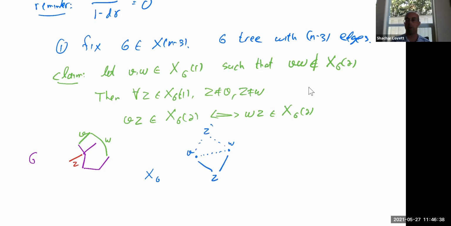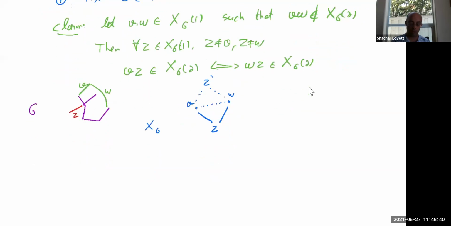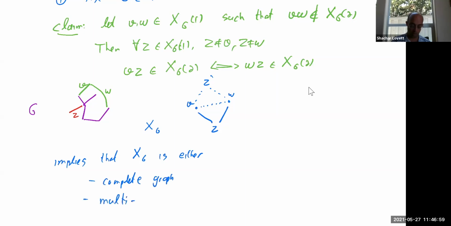And I claim that this property implies that X sigma is either the complete graph, so it has all the edges, or a complete multipartite graph.